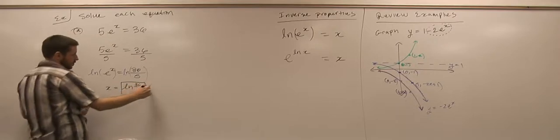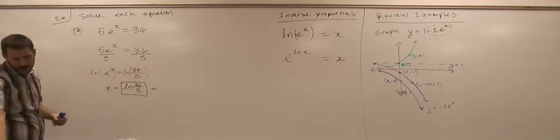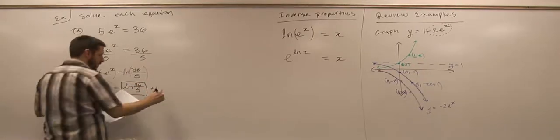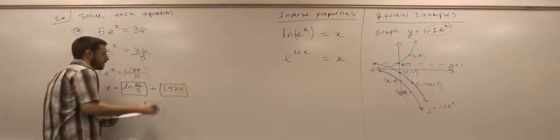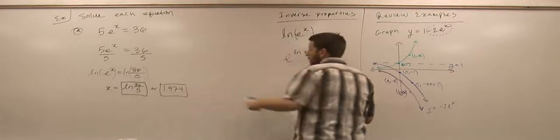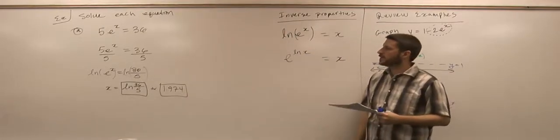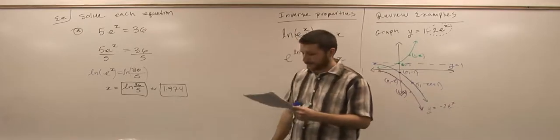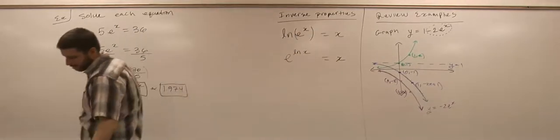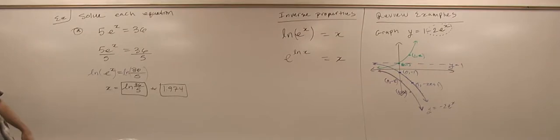Or I have an approximation. I prefer exact, but if you need an approximation, you plug it in your calculator, and you should get this. If you cannot get that out of your calculator, come talk to me so we can figure out how to use your calculator. What do you think? Easy? You remember that?